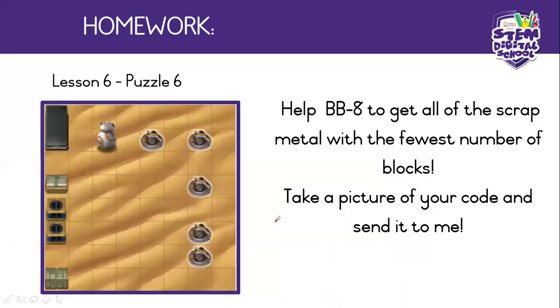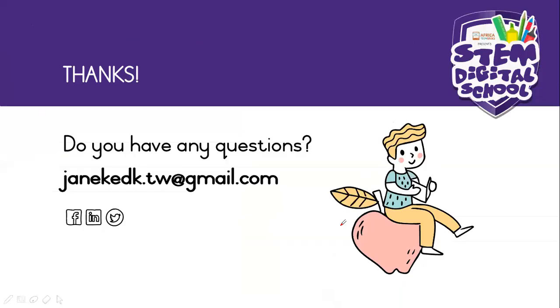There you see it: help BB-8 to get all of the scrap metal with the fewest number of blocks. Take a picture of your code and send it to me. There is my email address. If you are new and want to know something, or there's something you don't understand about how this works, you are more than welcome to email me.